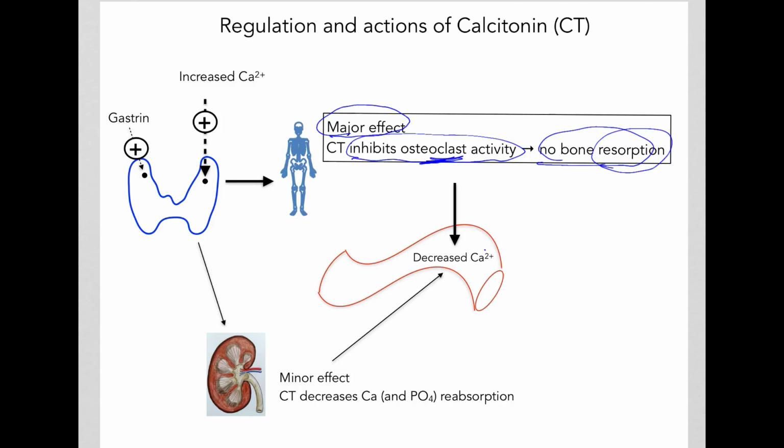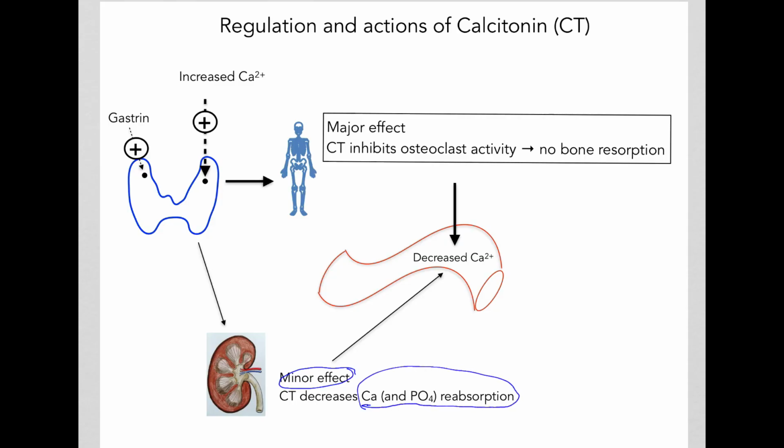And that means there is no calcium or phosphate release into the bloodstream. Calcitonin does have a minor effect on the kidney. It decreases the reabsorption of calcium and phosphate. This means calcitonin increases the excretion of calcium and phosphate.